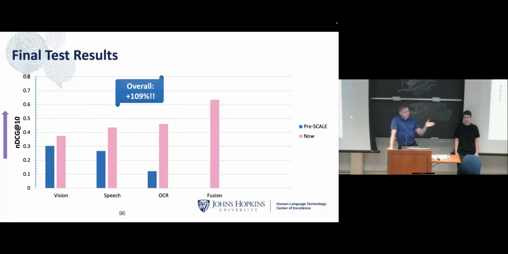And then finally, we combined everything together in a 6-way fusion between the speech and the OCR, and then did a weighted fusion with weighted re-ranking with the vision components. It resulted in an overall boost in performance of over 100% from what we considered to be a pretty strong baseline before scale.